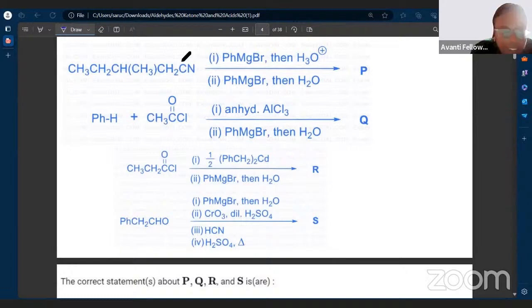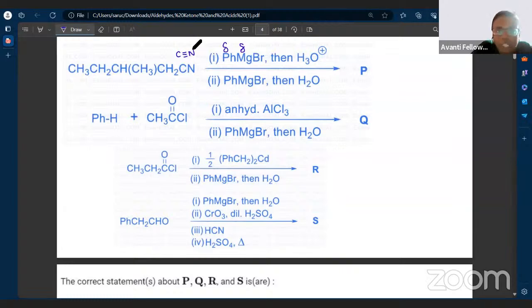So this cyanide group is having a C triple bond N, and here you have PhMgBr, where MgBr will have a partial sign. What sign will be there for MgBr and what sign for Ph?